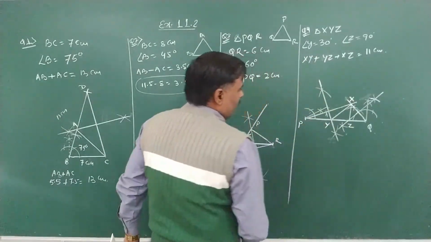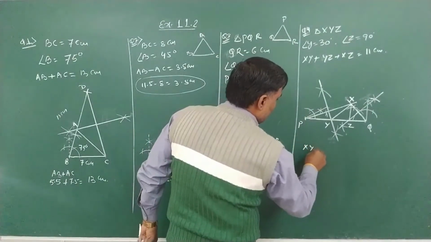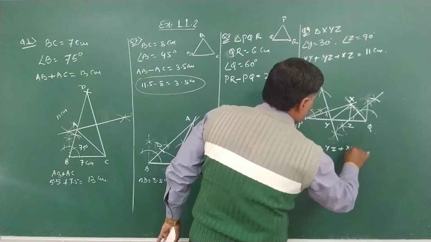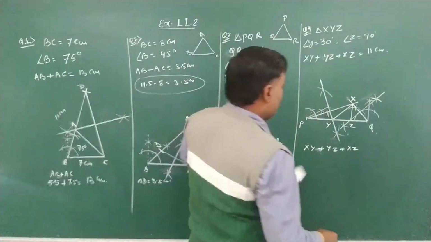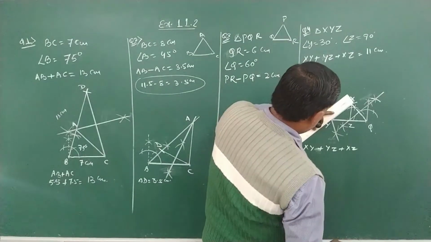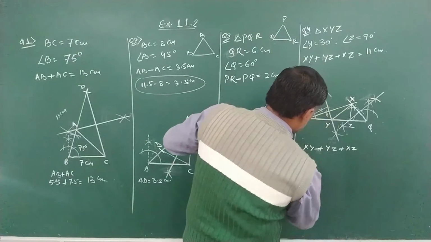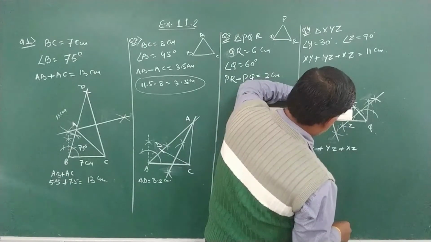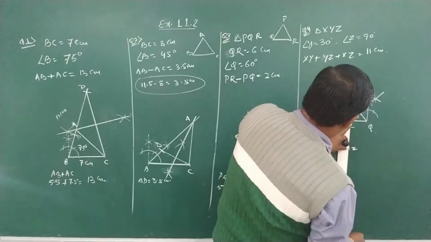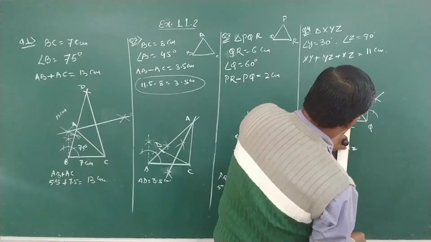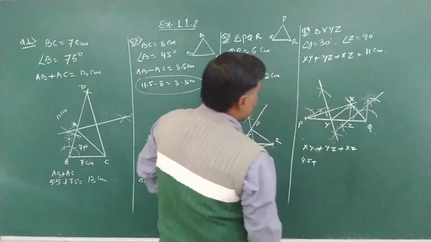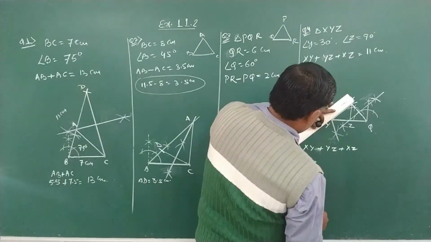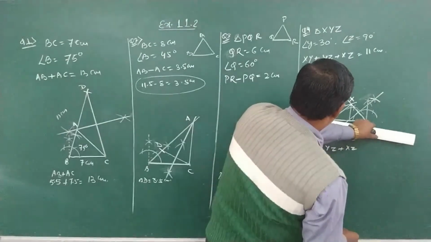You can check by adding XY plus YZ plus XZ. It will be equal to 11. So we will check: 4.5 plus 3, and this one is your 3, and I think this is your 4.5, and this one is your 3.5.